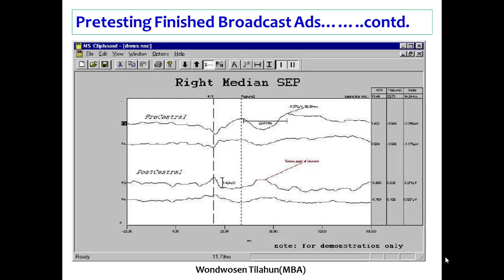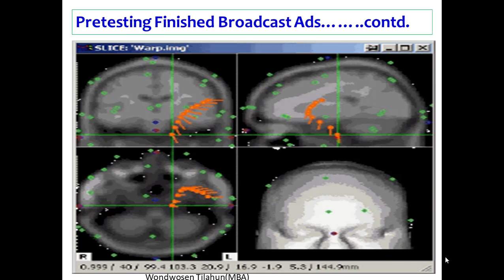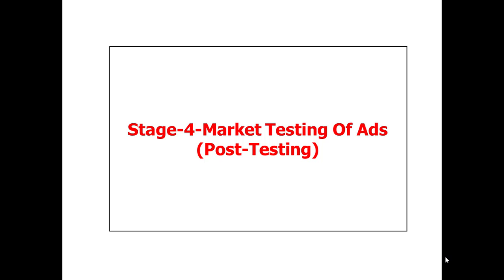Most of the time here again we use these kinds of devices and measure after the customers are watching the advertisement video, or else we measure their brain waves, the left side and the right side of their brains, or the hemispheric lateralization, and then understand whether the message is processed in the left side or the right side of the minds of our customers, and bring our conclusion, using these kinds of devices.